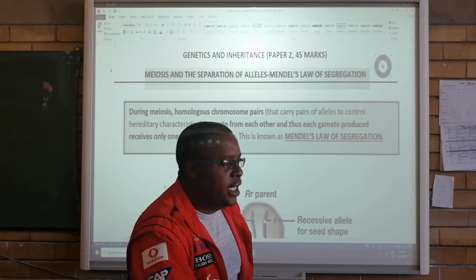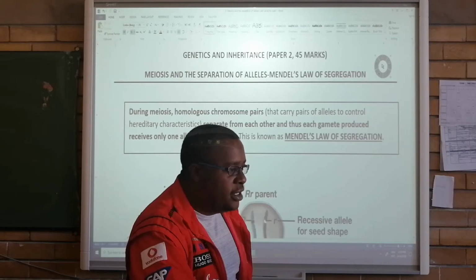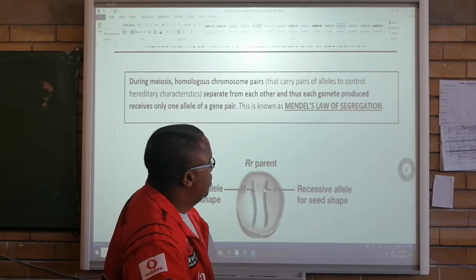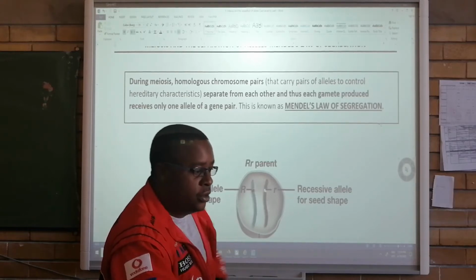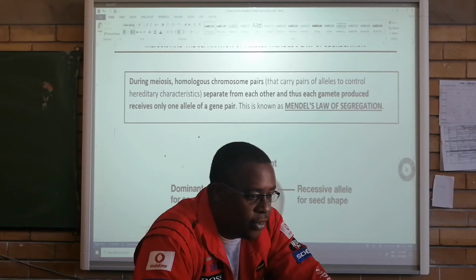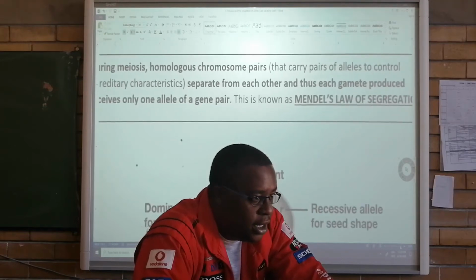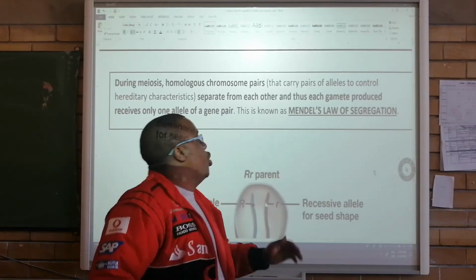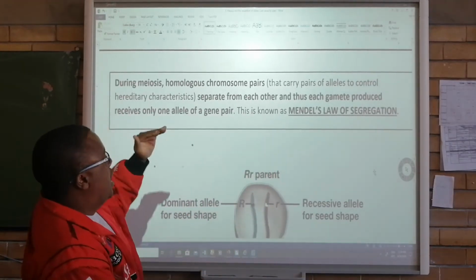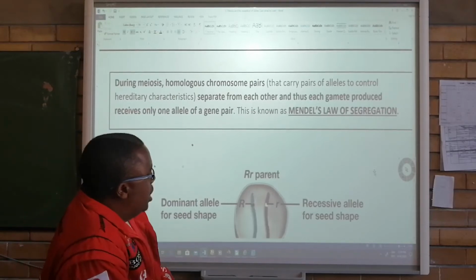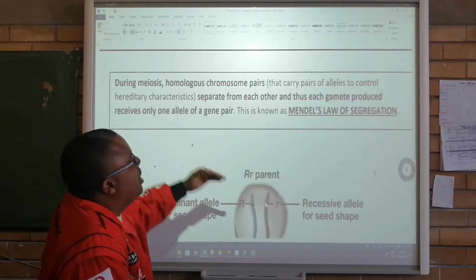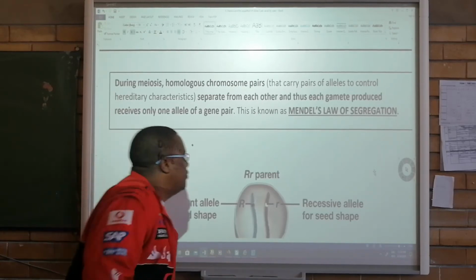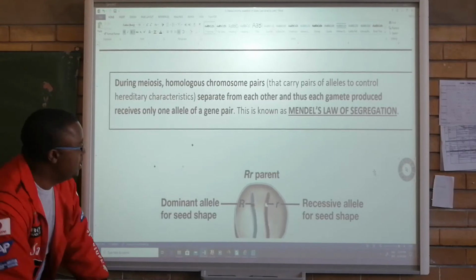Bingo. Right. I hope you can see that. During meiosis, homologous chromosome pairs that carry pairs of alleles to control hereditary characteristics separate from each other, and thus each gamete produced receives only one allele of a gene pair.